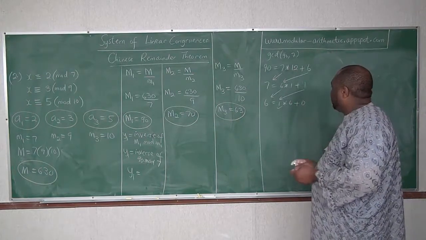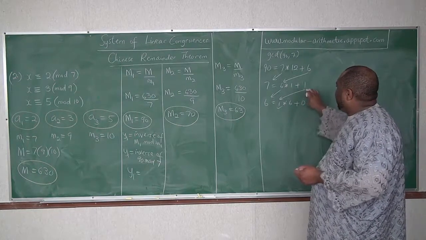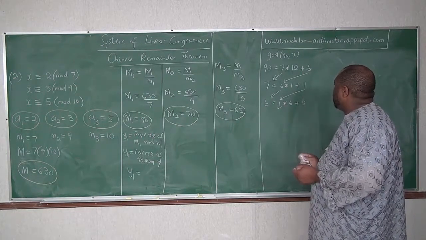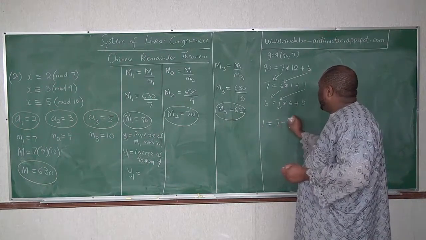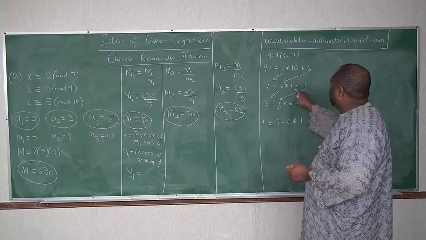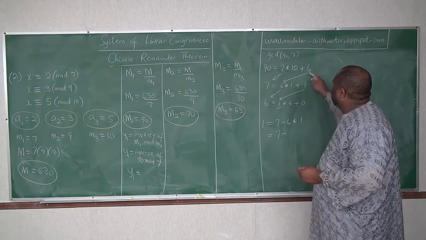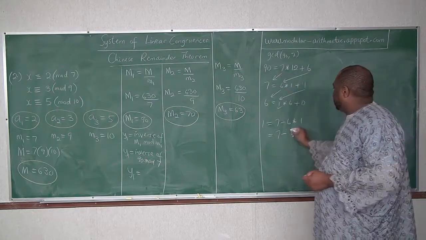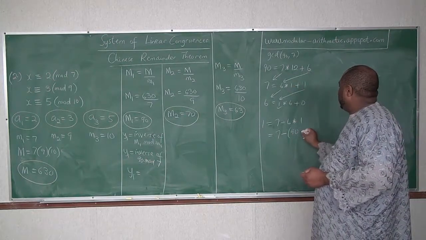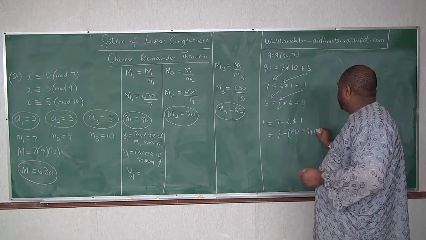But let's get the inverse now, working from here. 1 is equal to 7 minus 6 times 1. And this 6 is 90 minus 7 times 12.